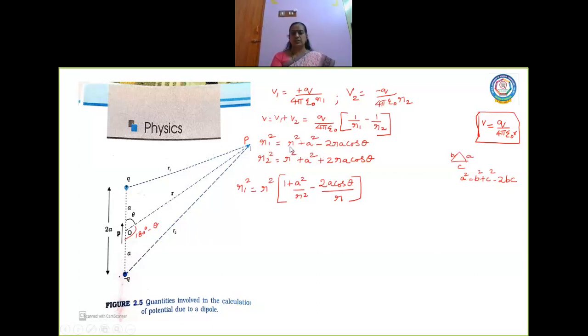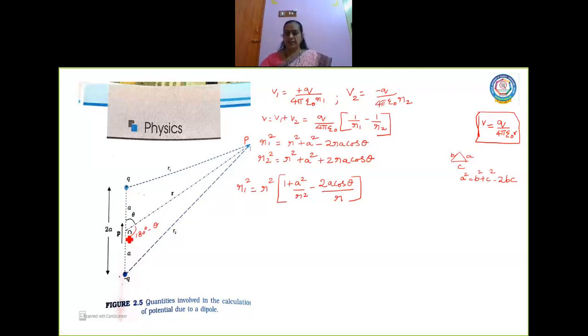The first term, R square into R square by R square, gives 1. The second term, A square into R square by R square, gives A square by R square. The third term, 2RA cos theta into R square by R square, gives 2A cos theta by R, as one R gets cancelled. Is it clear, children?